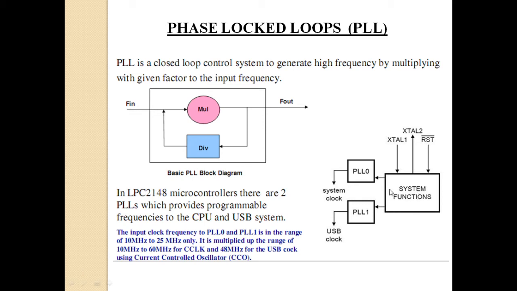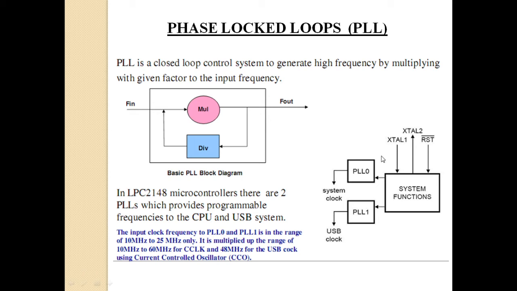The crystal oscillator is connected to the system functions block. From that system functions block, it is connected to two PLLs. PLL 0 is used for generating the system clock, which is connected to the processor and peripherals. PLL 1 is used for generating the USB clock.